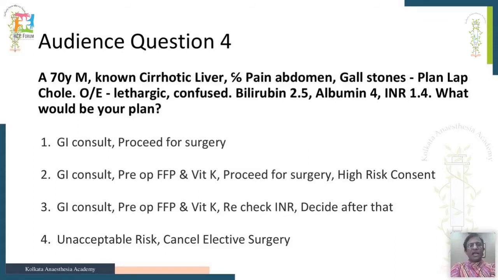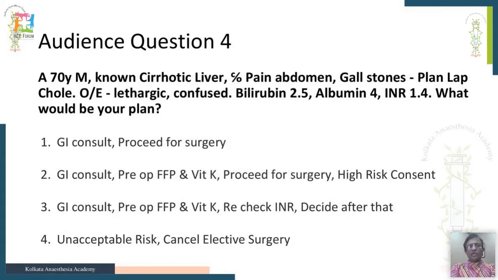Or do a gastro consult, give preoperative fresh frozen plasma and vitamin K, and proceed for surgery with a high-risk consent? Or do a gastro or hepatic consult, give preoperative plasma and vitamin K, recheck the INR, and then decide? Or you say, no, this is unacceptable risk, we'll cancel the elective surgery. 70-year-old, known cirrhotic, pain abdomen, has gallstones, plan is a laparoscopic cholecystectomy.